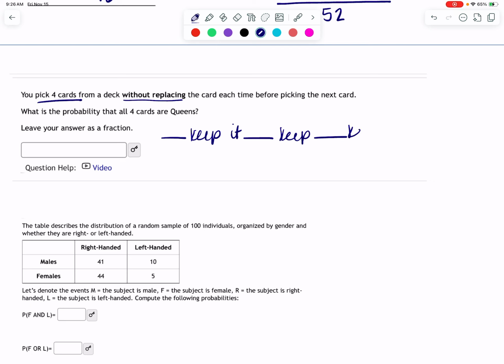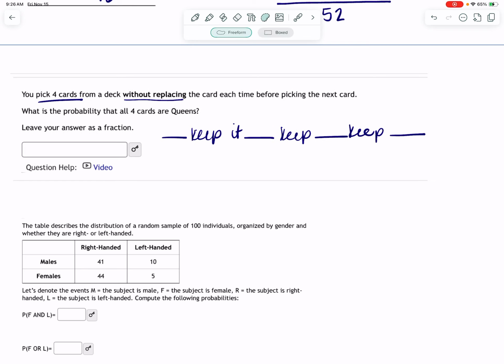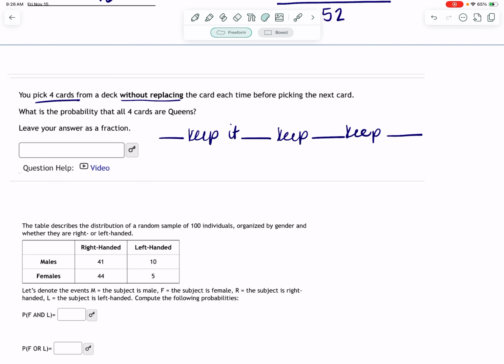And then draw another one. And then draw another one. I want a queen each time. How do I know? Because I read the rest of it.